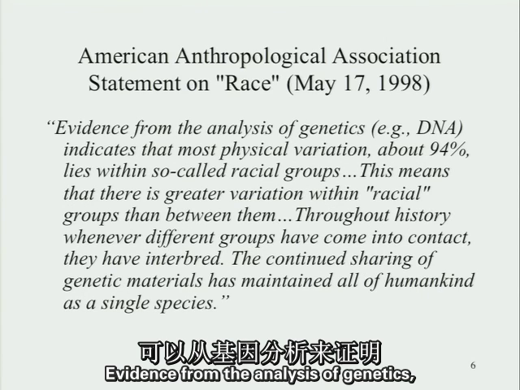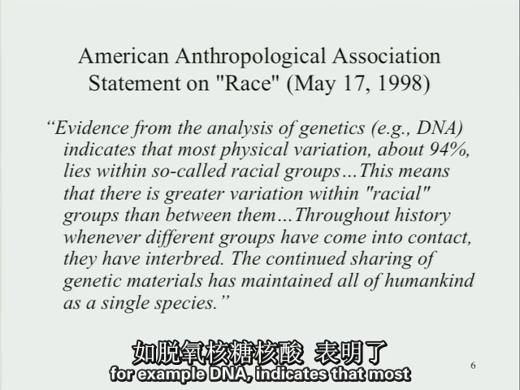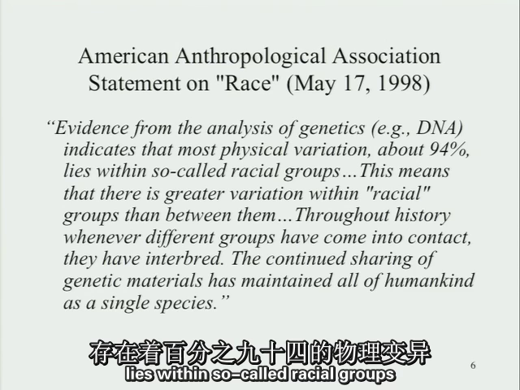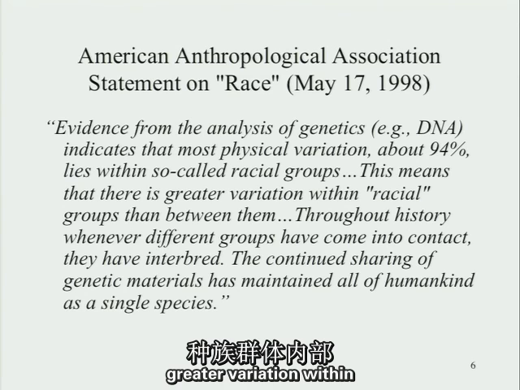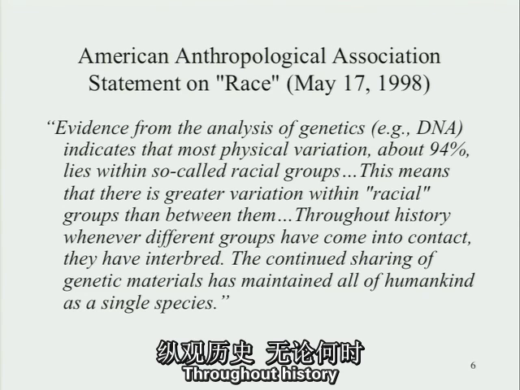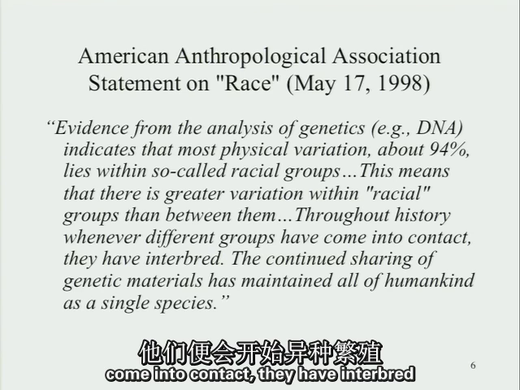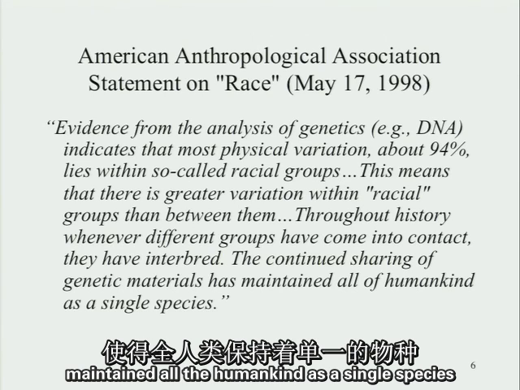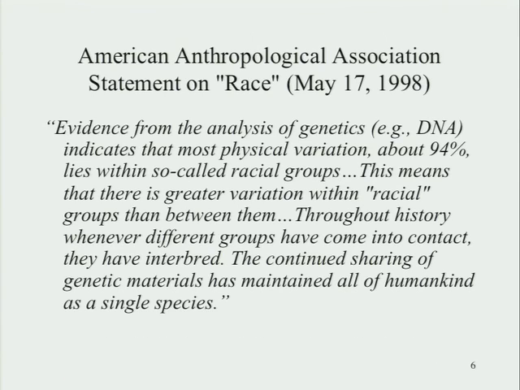Evidence from the analysis of genetics, for example, DNA, indicates that most physical variation, about 94%, lies within so-called racial groups. This means that there is greater variation within racial groups than between them. Throughout history, whenever different groups have come into contact, they have interbred. The continued sharing of genetic materials has maintained all of humankind as a single species.